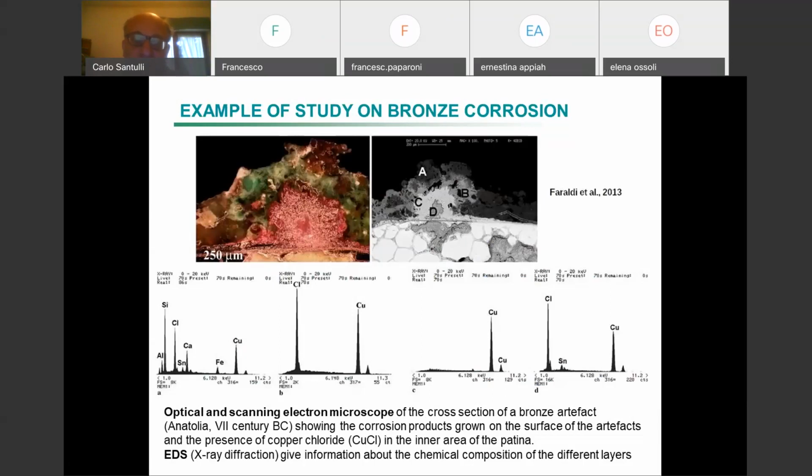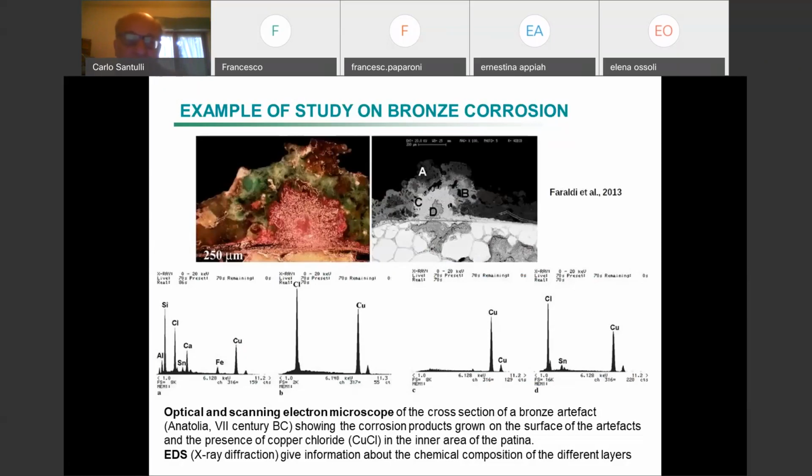Here we find a bronze artifact, a cross-section of a bronze artifact. There are some areas of corrosion, and with X-ray diffraction, which is normally coupled to SEM, the scanning electron microscope, you are able to see the signals connected to different areas, so which kind of elements you find.